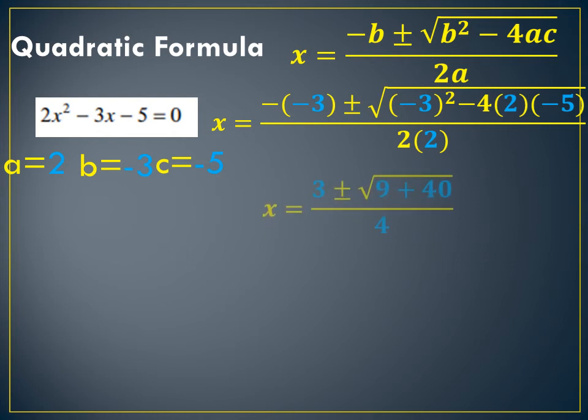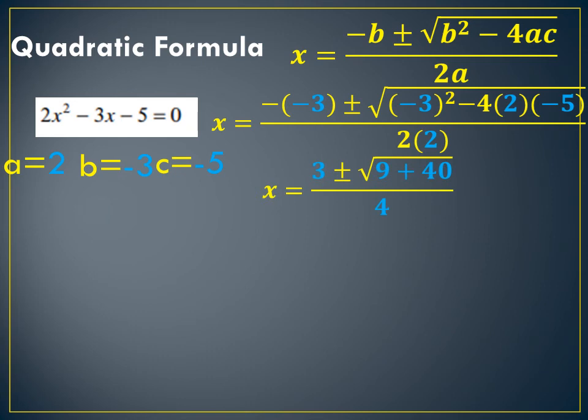Okay, then simplify further. Negative times negative 3 is positive 3. If you multiply two negatives, it becomes positive. Plus or minus the square root of negative 3 squared, which is simply negative 3 times negative 3. So it becomes 9. Then negative 4 times 2 times negative 5.